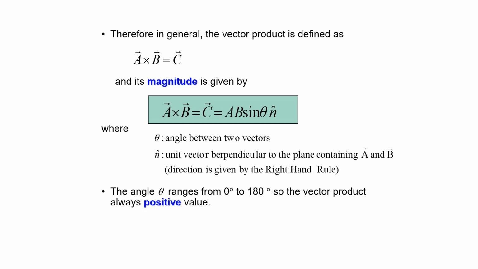If theta ranges from 0 degrees to 180 degrees, the magnitude of the vector product produced is always positive. The vector product is a vector quantity.